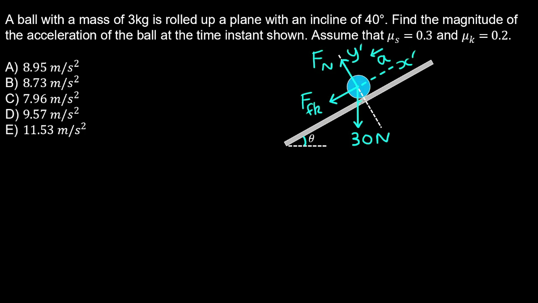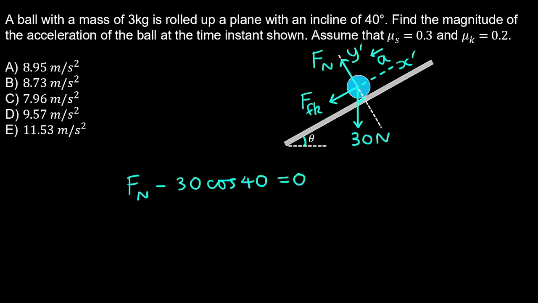So recognizing that this angle theta is equal to the angle of the inclined plane, we can apply Newton's first law in the y dash direction. So we have Fn minus mg cosine 40 degrees is equal to 0.